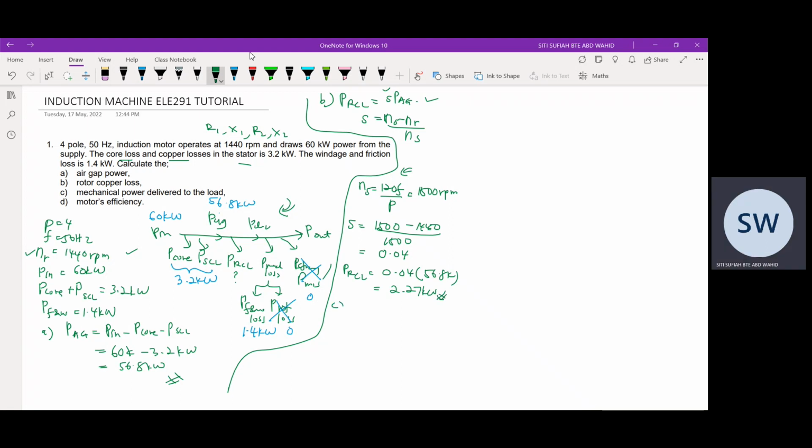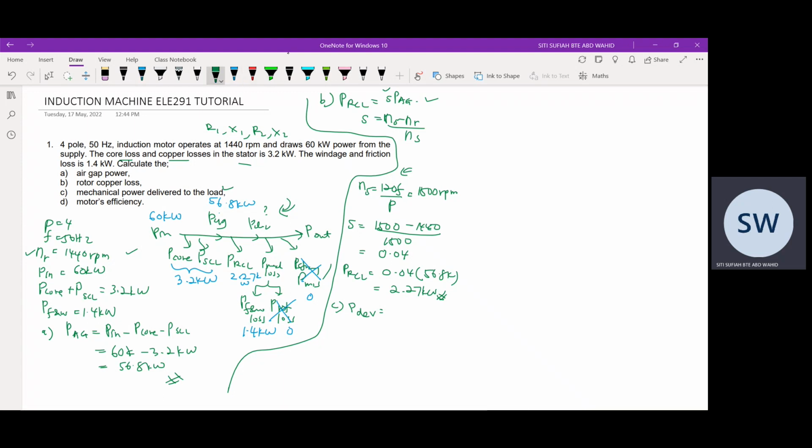Moving on to C. Mechanical power delivered to the load. Okay, this is actually the developed power. So after answering question B, you can label your PRCL 2.27 kilowatt.